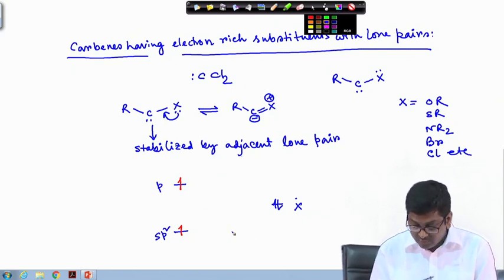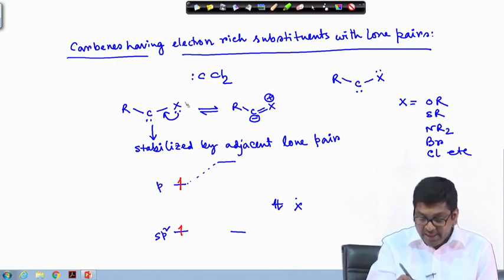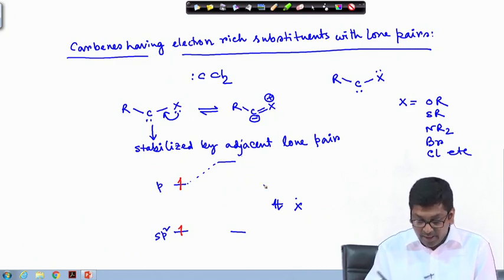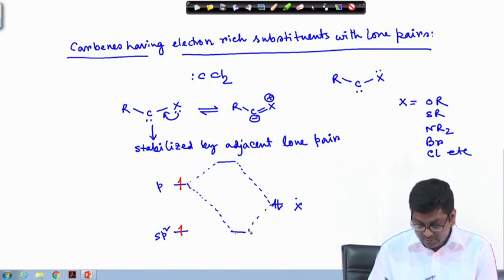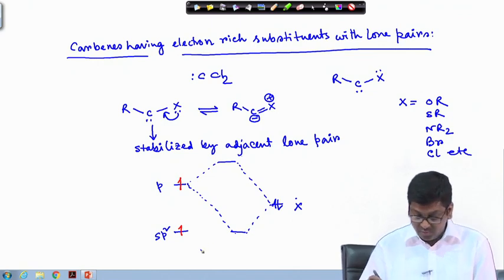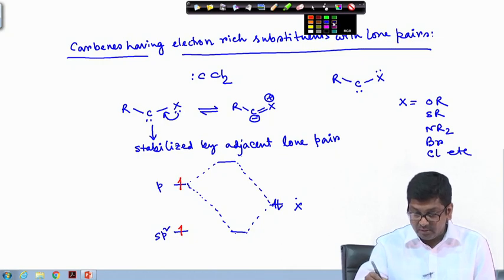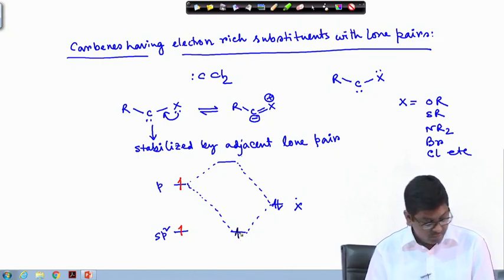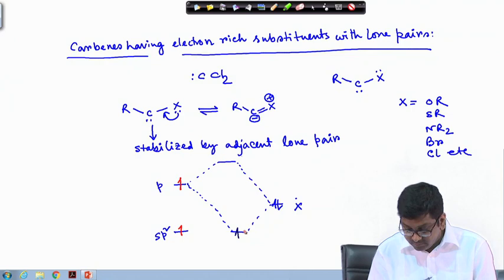So, this is like this. Now, this lone pair of this X can be given to the vacant p orbital. So, now we will see how these things can be filled up.